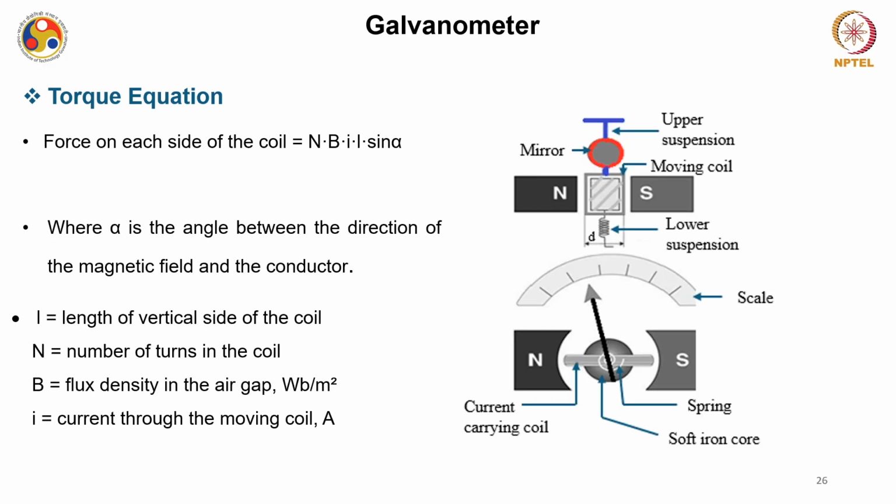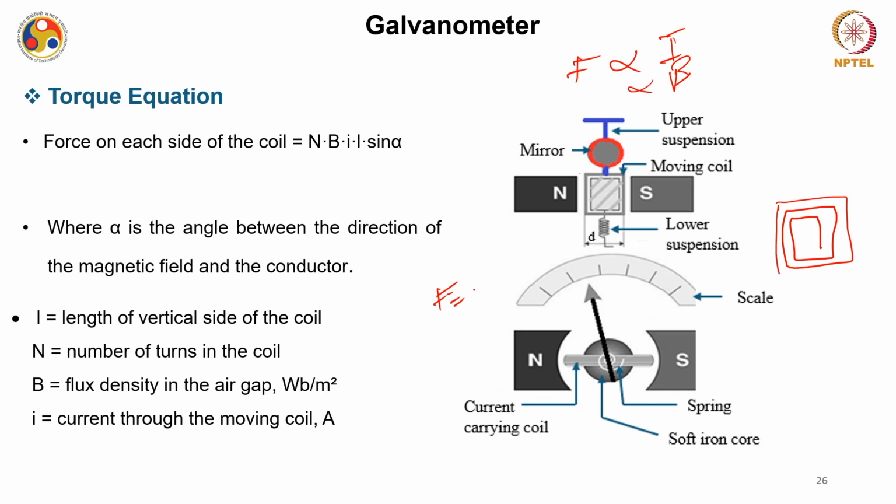The force is directly proportional to the current which is flowing in the coil, and also proportional to the flux density, or B. Now we have already seen this force is proportional to this current. Since you have a multiturn coil, you also have to take into consideration the number of turns.